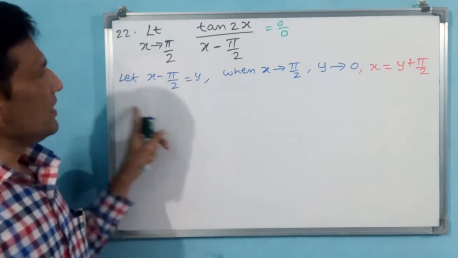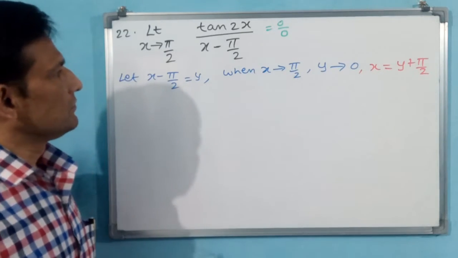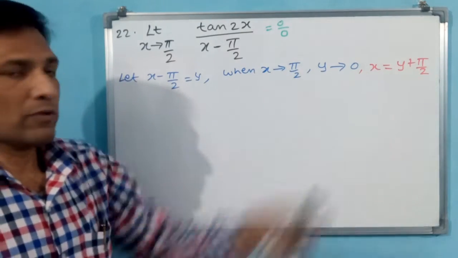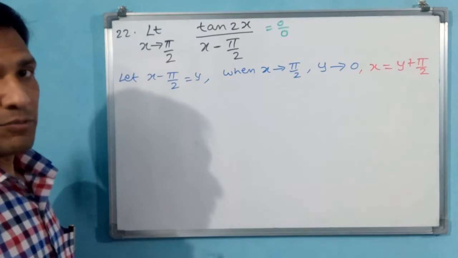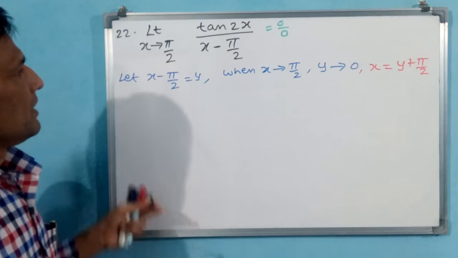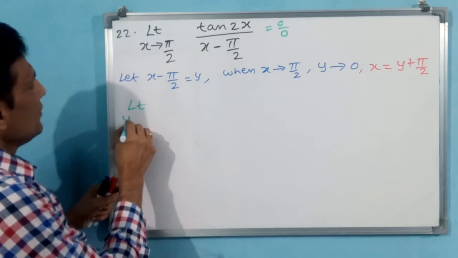Okay. See this, all four lines, 1, 2, 3, 4. These 3 and 4 you have to write. Then you have to substitute. Let us make it as limit y tends to 0.